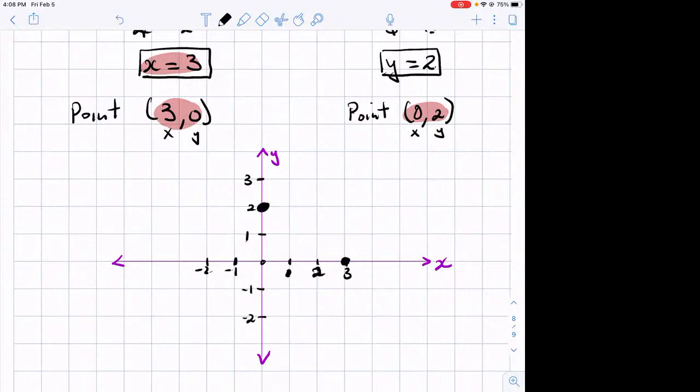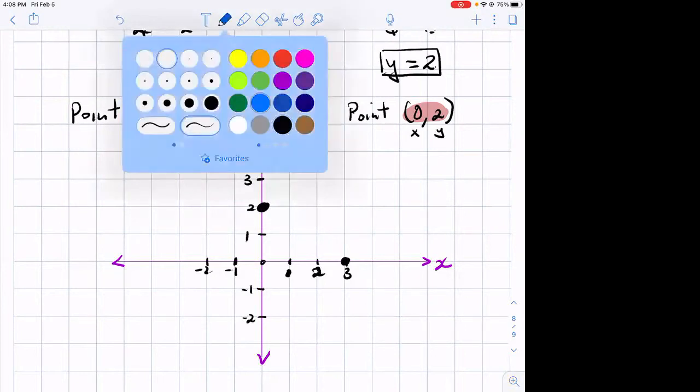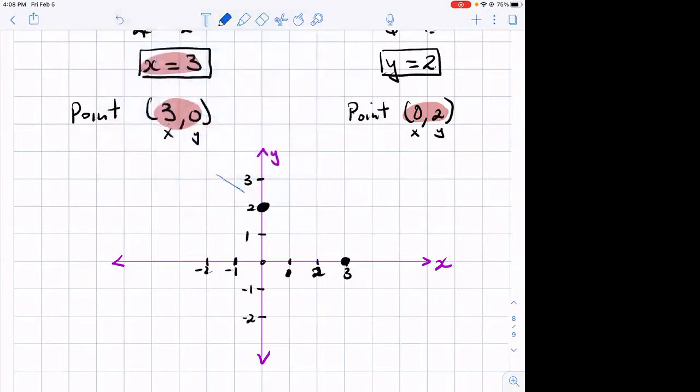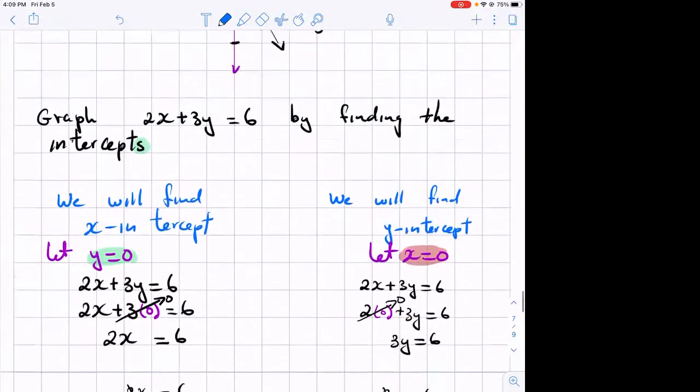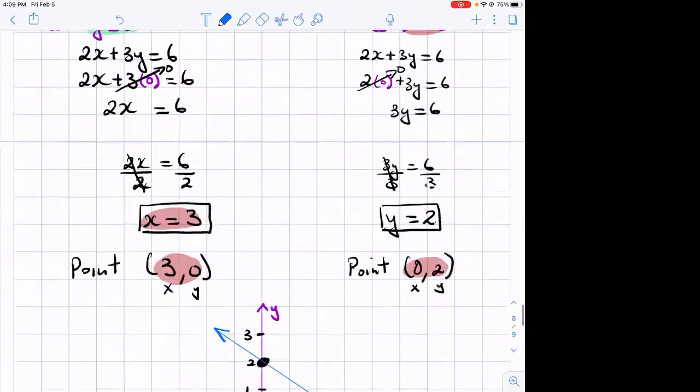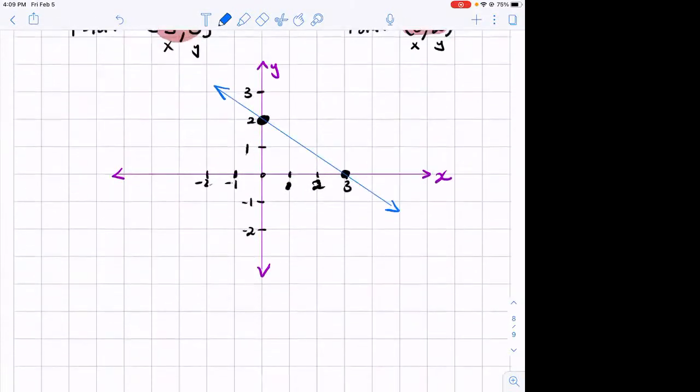And now notice it falls on the y-axis, and I can now connect my 2 dots. And that's the equation of the line that we were asked to graph. 2x plus 3y equals 6. So this is how we graph by finding intercepts. Okay.